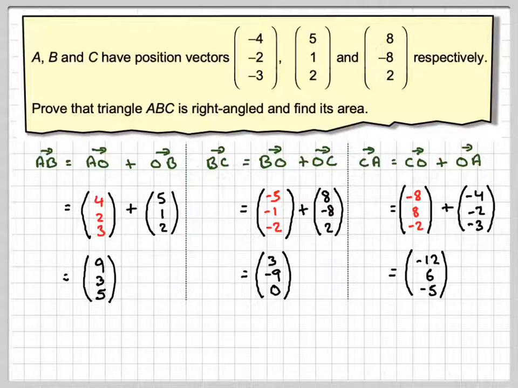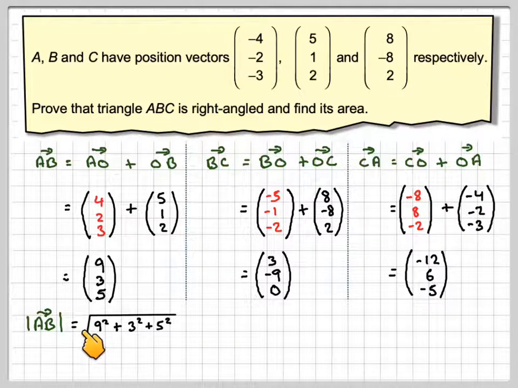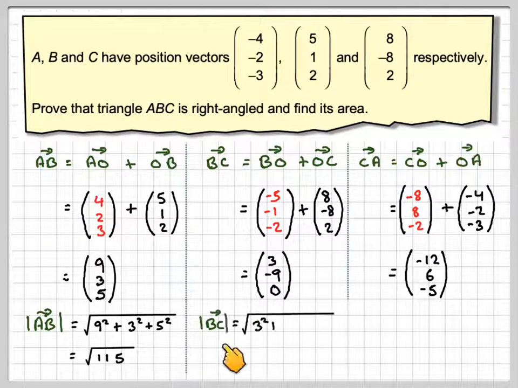Right, if we now find the length of each of those, with 2 straight lines, it means the magnitude. So for the magnitude, all you need to do is 9 squared plus 3 squared plus 5 squared. Your calculator will give it in exact form, which is root 115. For this one, you just need to be careful that you put the -9 in brackets. So that's going to give you 90.